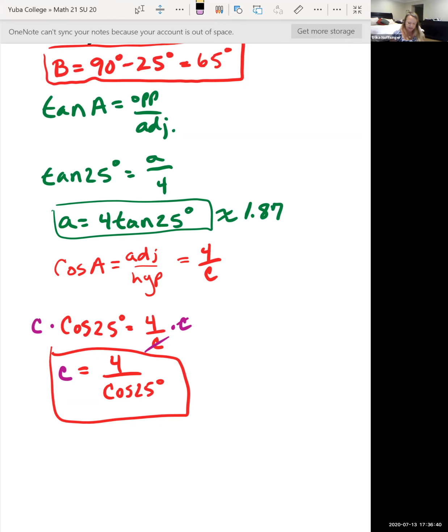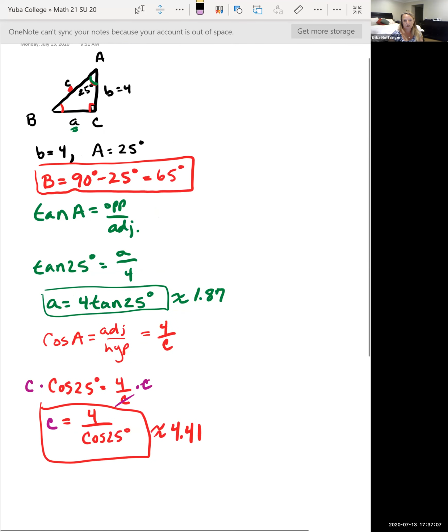And then 4 divided by cosine of 25 degrees, you get approximately 4.4. So it's pretty much just using our knowledge of the ratios of sides from trigonometric functions to find the unknowns of this right triangle.